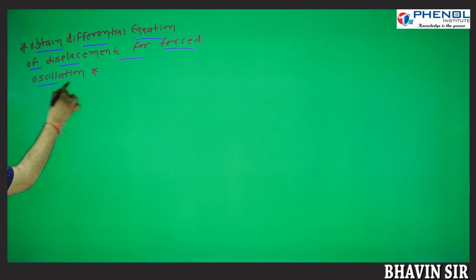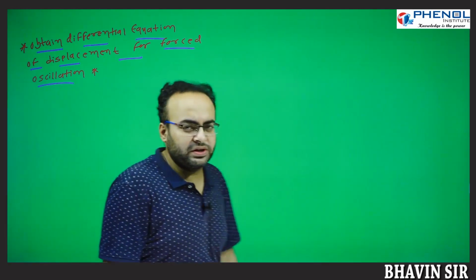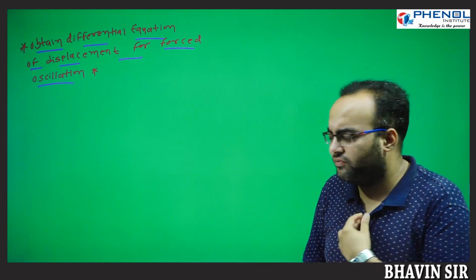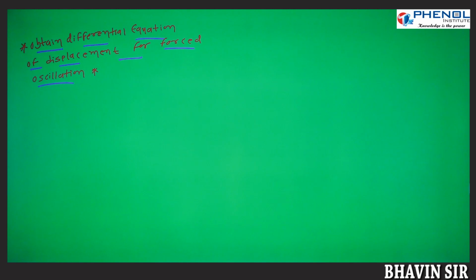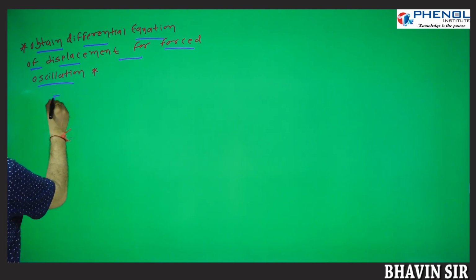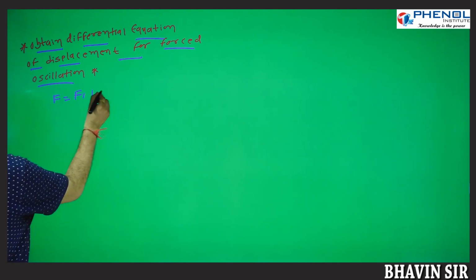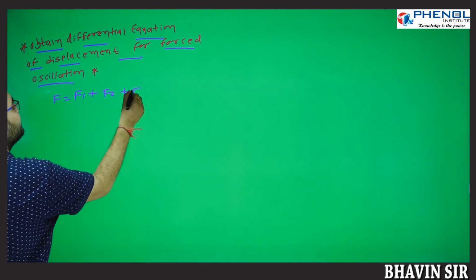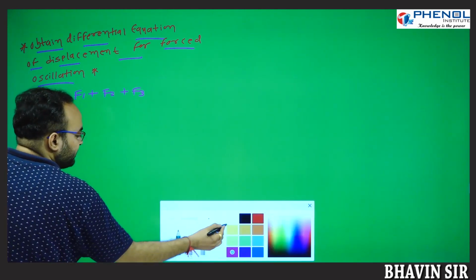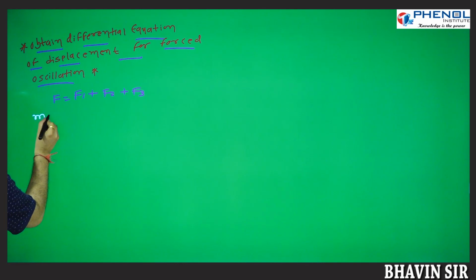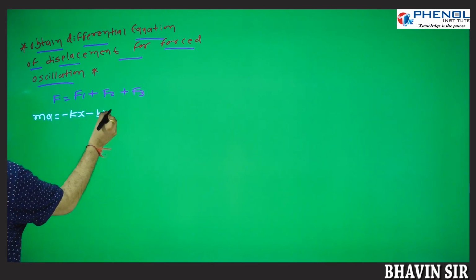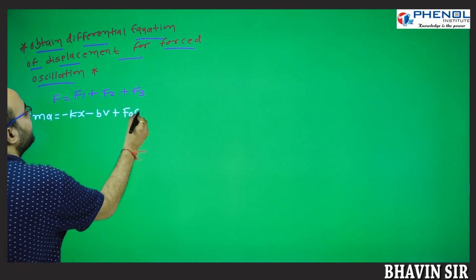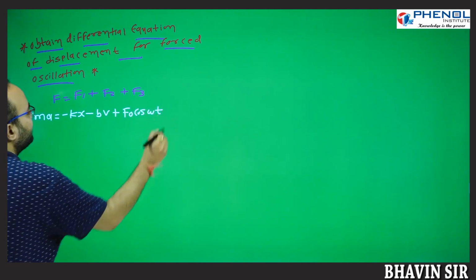So see, students, we want to obtain the differential equation of displacement for forced oscillation. As we know, here three types of force are there: F1 plus F2 plus F3. F is what? MA, the restoring force, damped force and external periodic force.